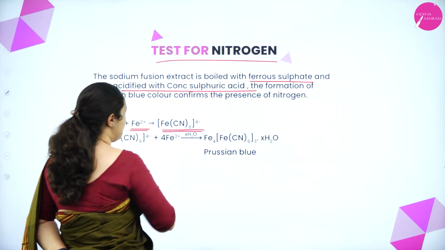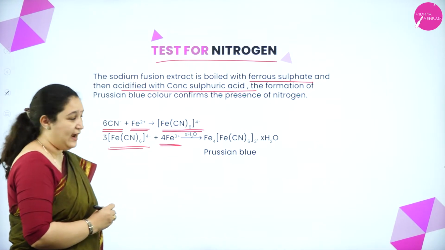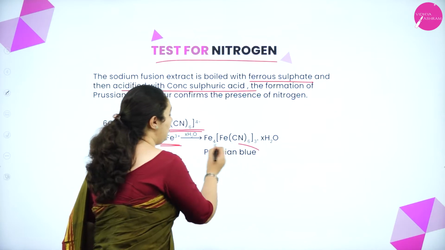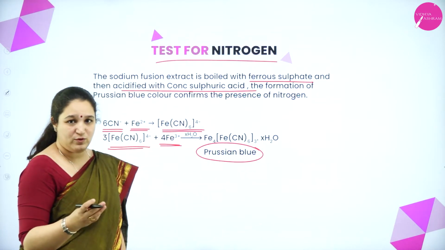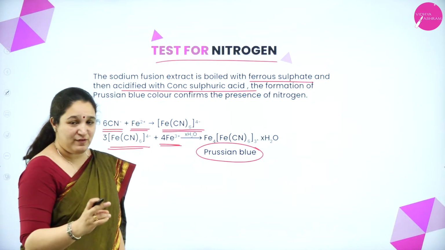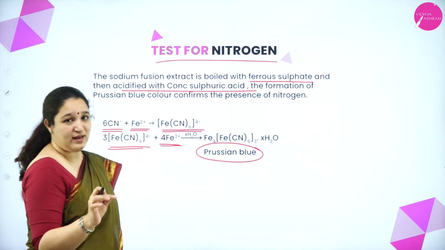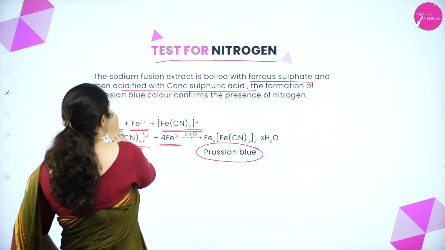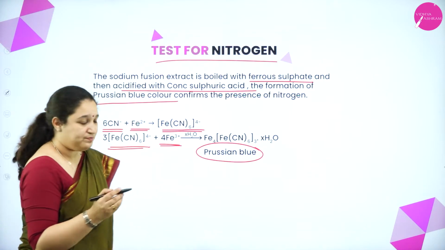You get first ferrous cyanide. To that ferrous cyanide, excess ferric ions are added, and you get a Prussian blue colored solution. So you take your sodium fusion extract, add ferrous sulfate and then acidify with concentrated sulfuric acid. Formation of Prussian blue color confirms the presence of nitrogen.